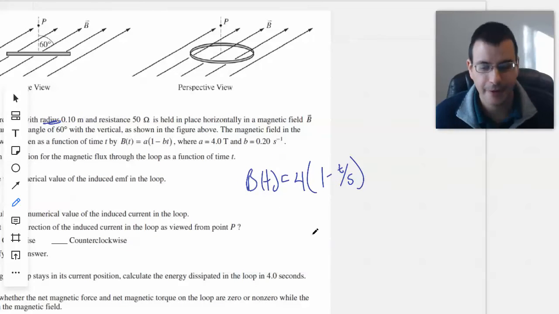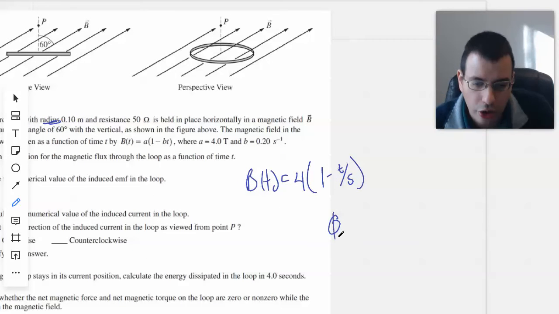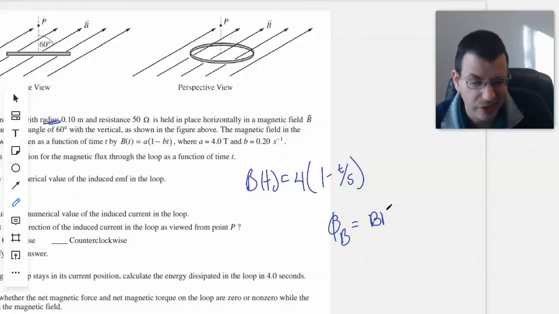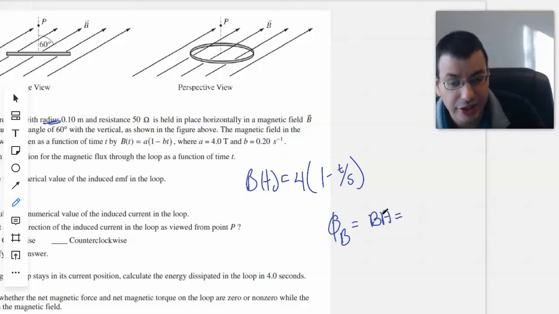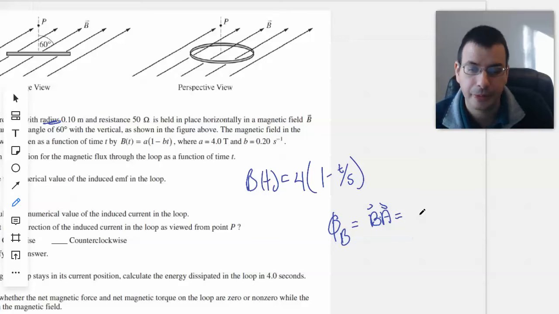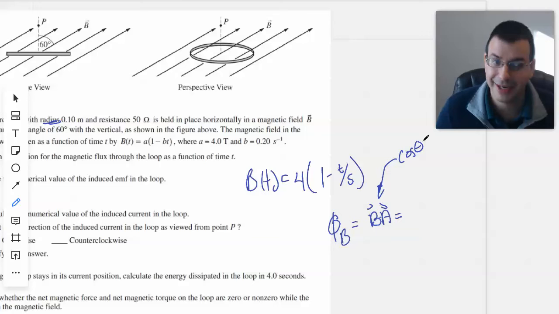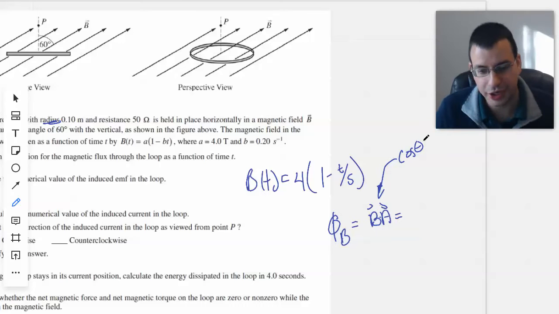Okay. So magnetic flux equals magnetic field dot area. And this is what? Is it cosine? I think it's cosine. Yep. Because sine would go with the cross product, but it's not. So cosine goes with dot product.